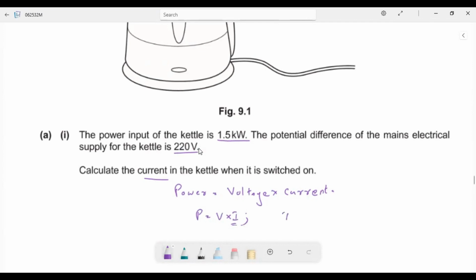So for calculating the current, we can write I is equal to P by V. Here P is given as 1.5 kilowatt and voltage is 220 volt. Kilo means 10 raised to 3, that means 1000.